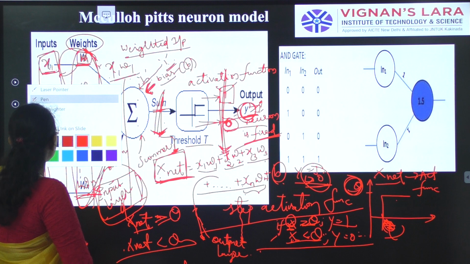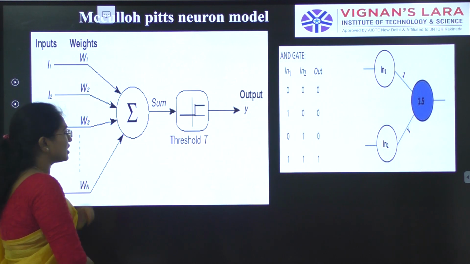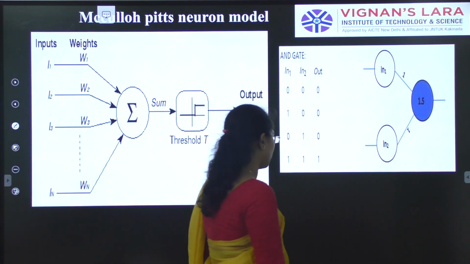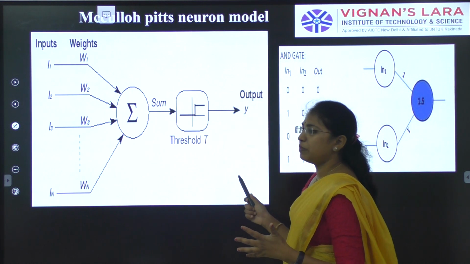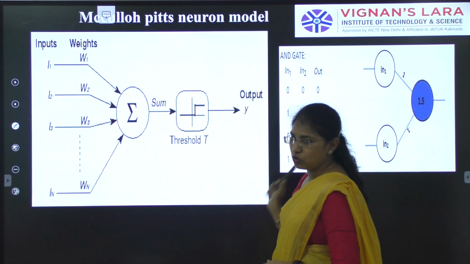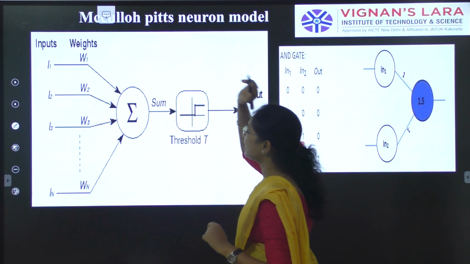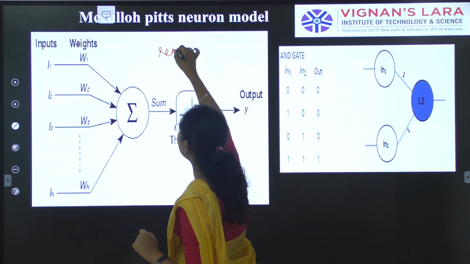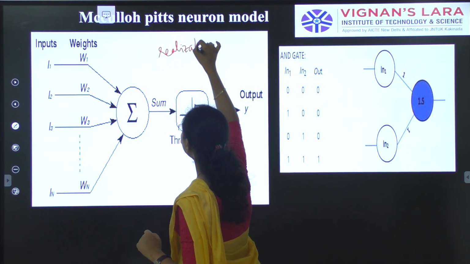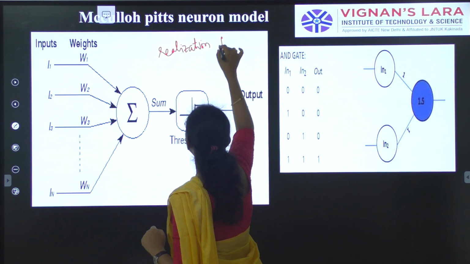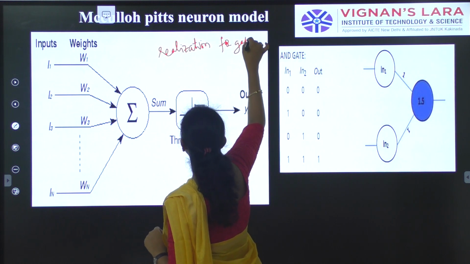And now let us consider an example of execution of McCulloch-Pitts neuron model. The basic application of McCulloch-Pitts neuron model is that it is in general used for realization of gates.